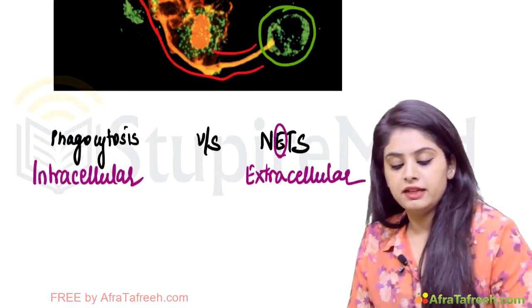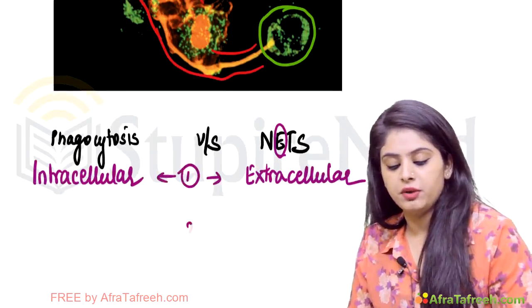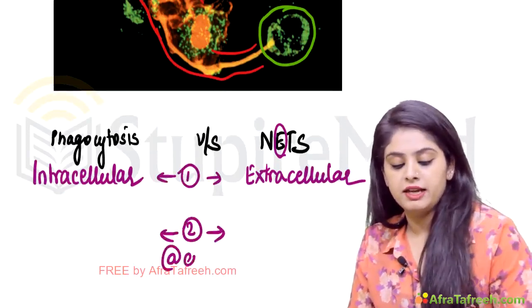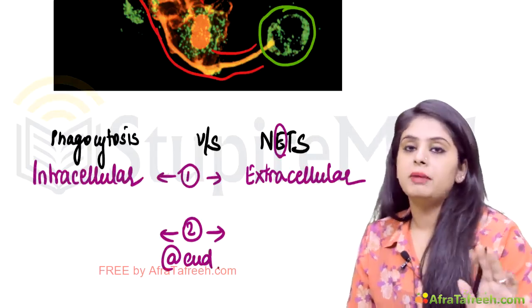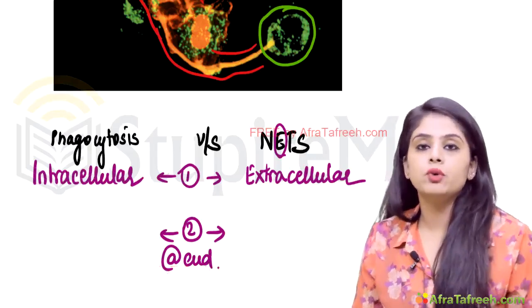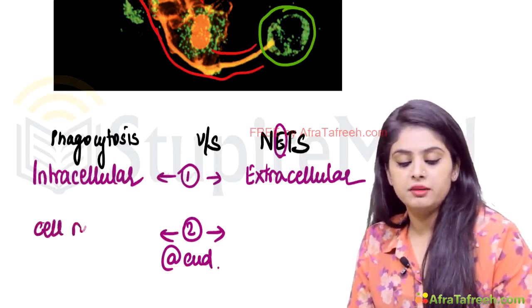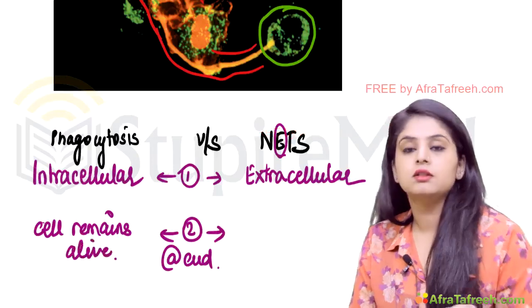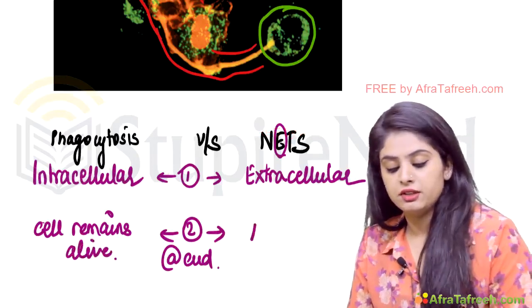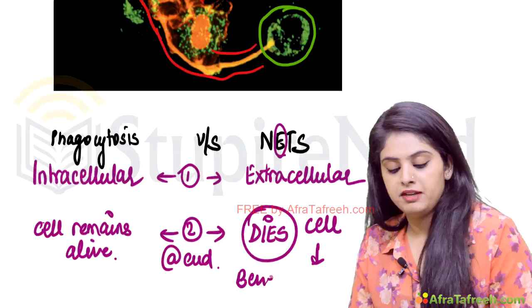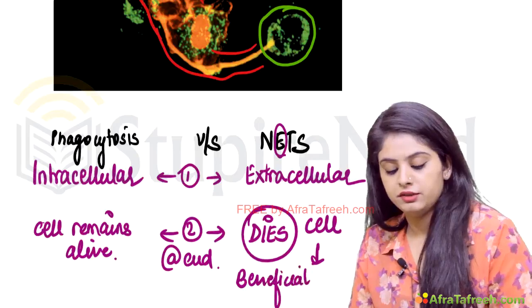Another difference, the second point, is: what happens at the end? Bacteria will be killed in both, right? But in phagocytosis, the cell remains alive. But in neutrophil extracellular trap, I just told you that the cell will die, and that is known as a beneficial suicide.